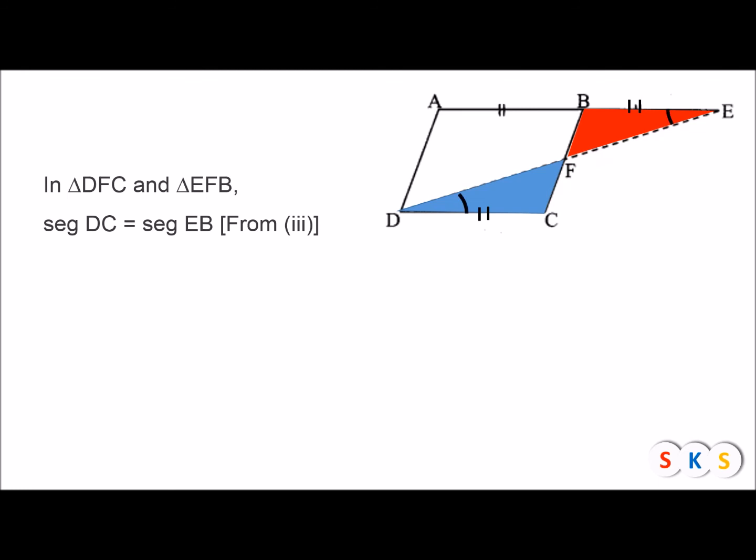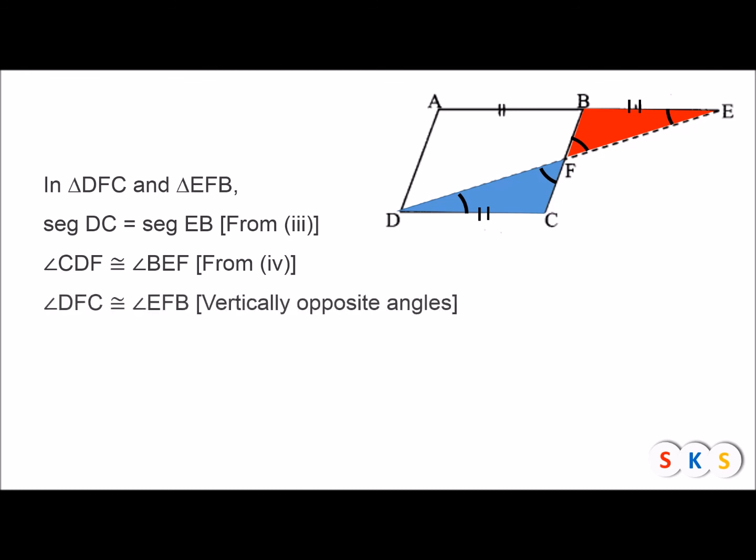You can see in this figure angle BEF and angle CDF are also congruent. We have already proved it before. They are alternate angles, that's from equation number 4. And let's see in this figure angle BFE and angle DFC are also congruent because they are vertically opposite angles. So angle DFC is congruent to angle EFB, vertically opposite angles.